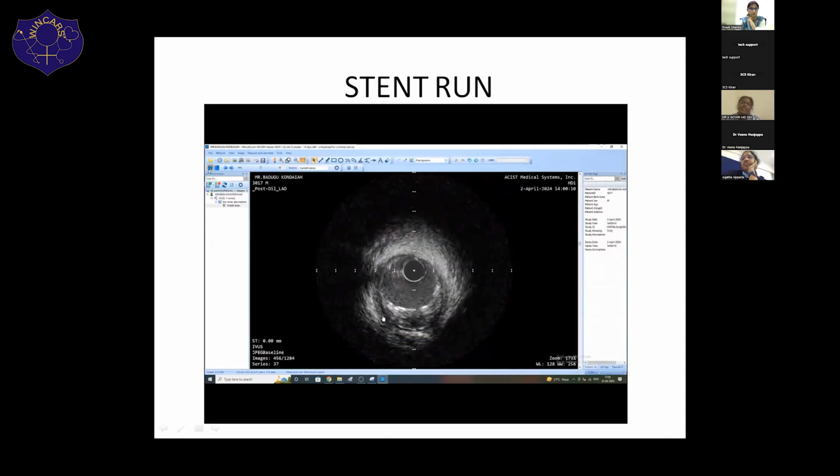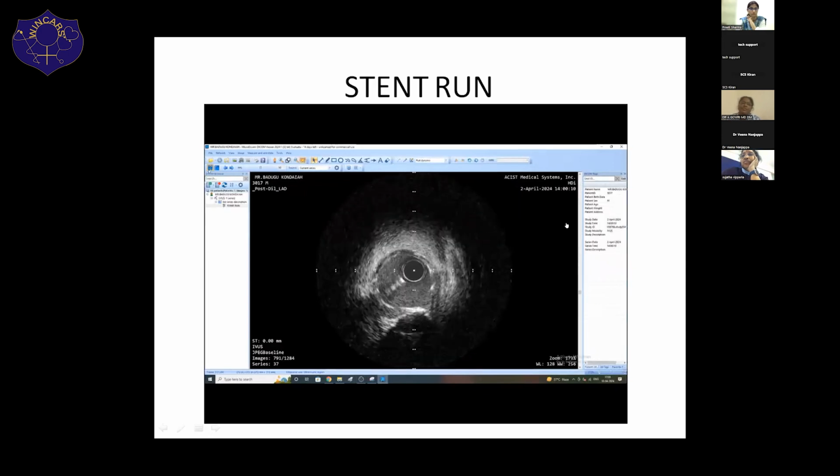There is mild malapposition in the proximal LAD, but we decided not to do anything because it is at the ostium of the LCX. In the distal LMCA and LMCA, the stent struts were well opposed, but the result was not optimal in the LMCA here.